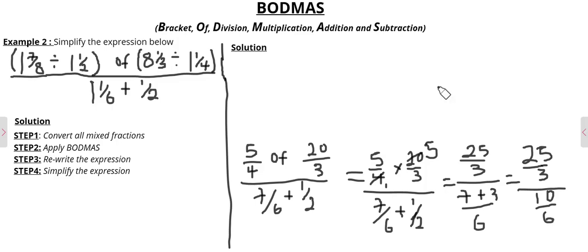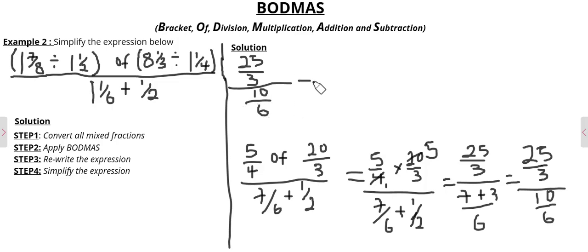So let me rewrite what I have there. It is 25 all over 3 all over 10 over 6. So remember, this is division now, a division line, and we cannot work with it directly. We have to bring this term at the bottom to this top here.